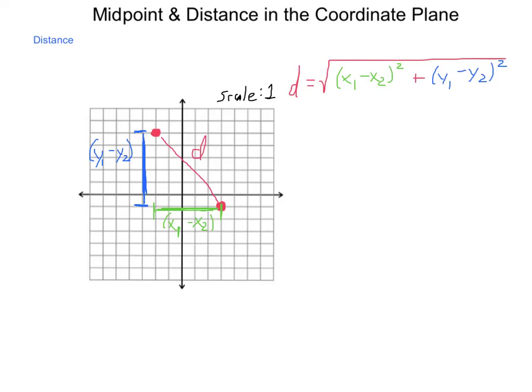Now, this formula looks much more complicated than it should be, simply because by making the distance formula in this manner, you can see that we have formed a right triangle.